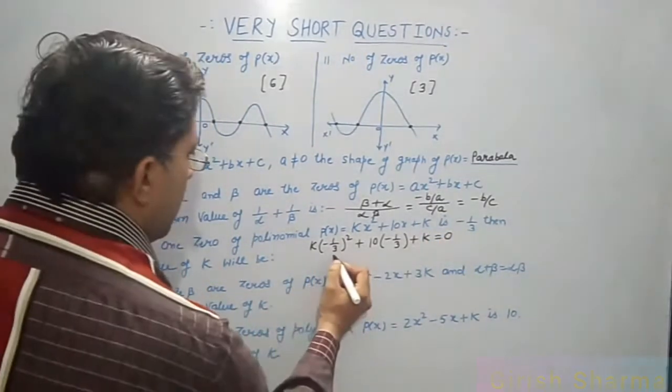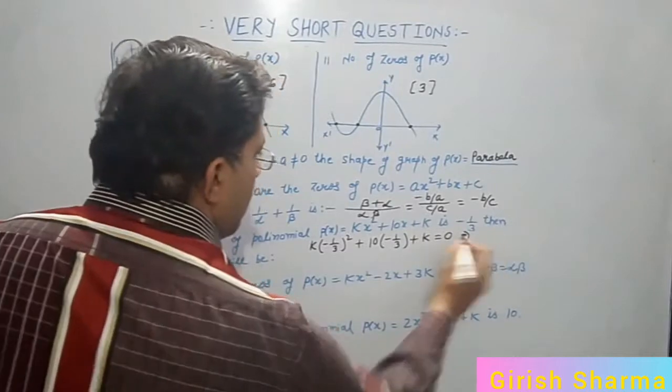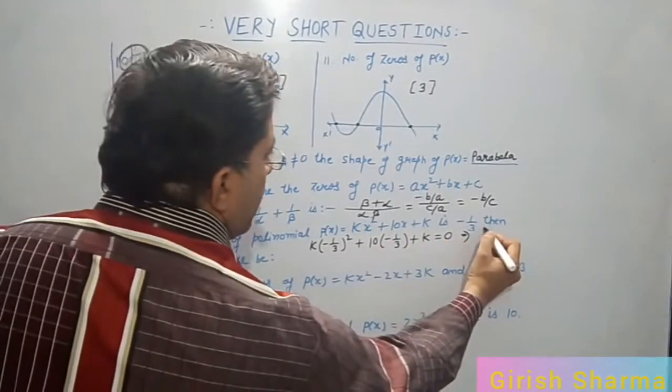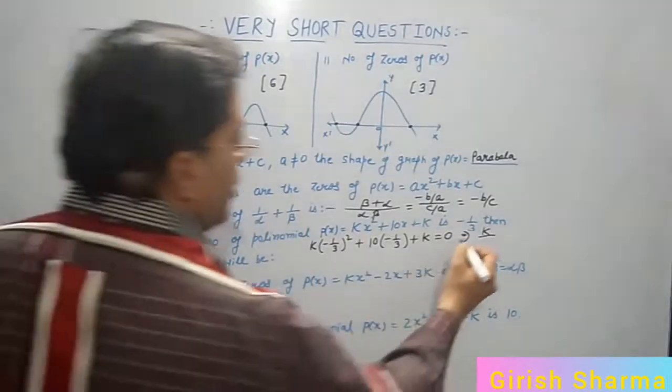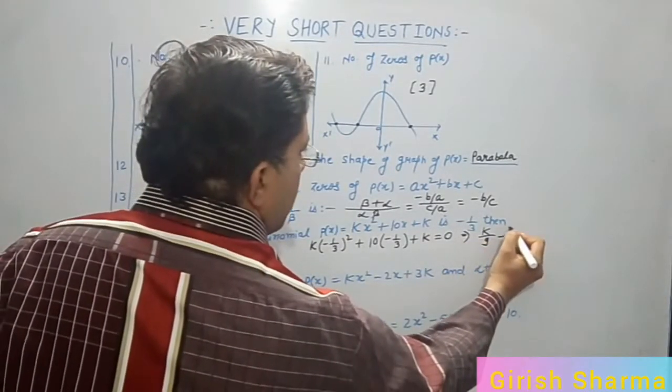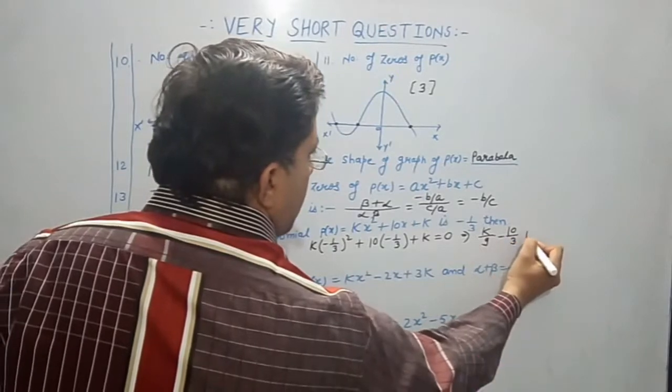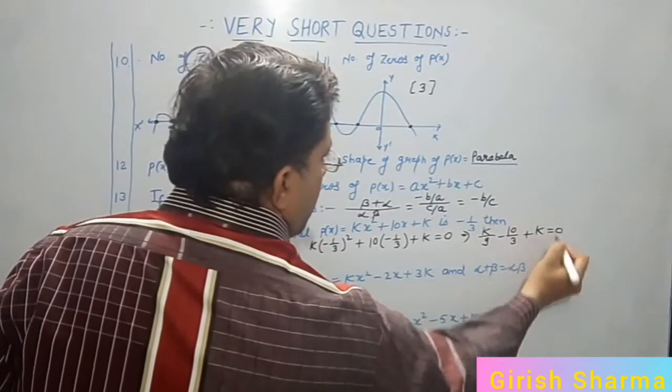This is k upon 9, minus 3 square is 9, minus 10 upon 3 plus k is equal to 0.